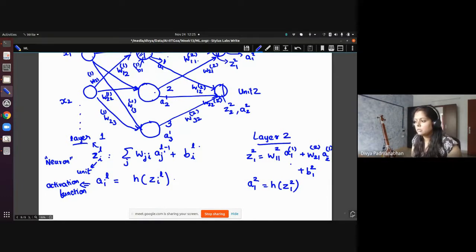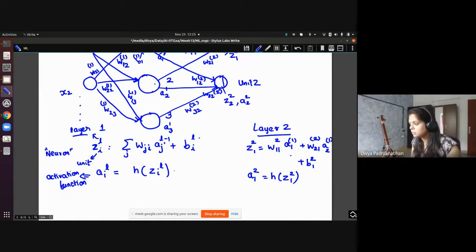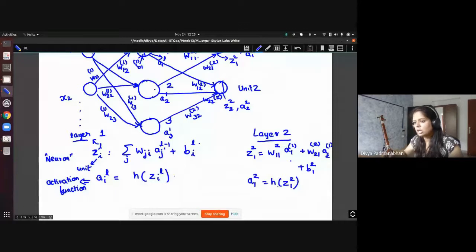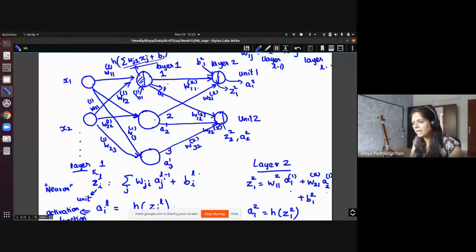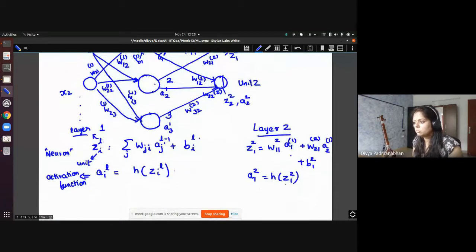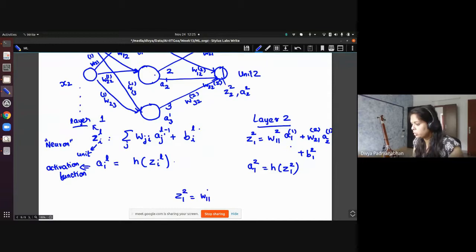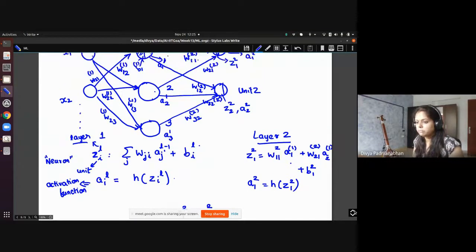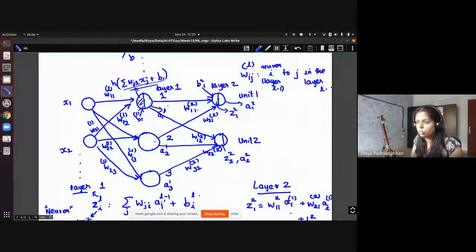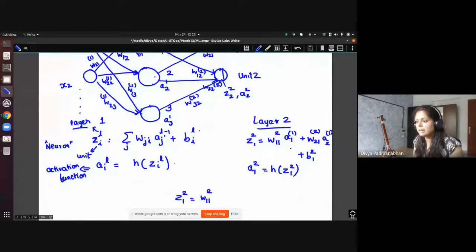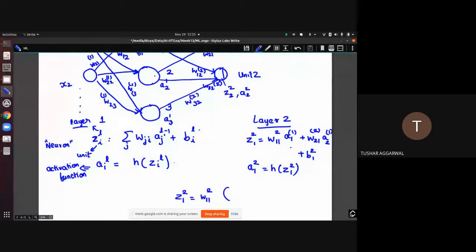Remember again, let's expand it a bit more in terms of the previous layers. Z12 was this. If you try to write it in terms of A11, what did we get? Z12 was W11 of 2 and A11, and A11 was H of Z11.